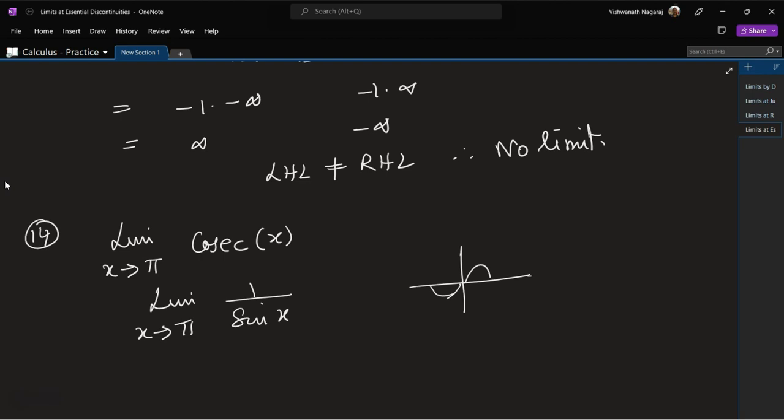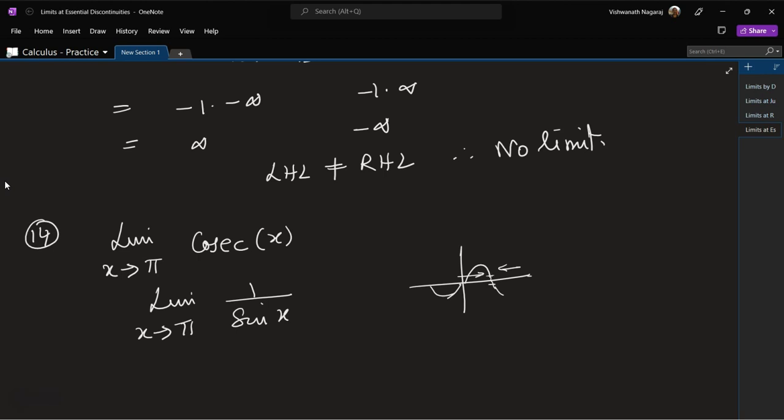So let us say pi is this. If pi is this, then what does it mean? It means from the positive side, it will be negative, and from the negative side, it will be positive.